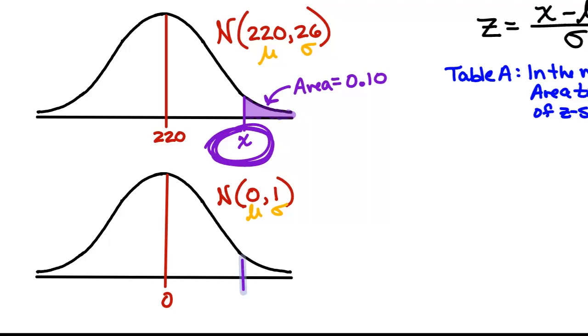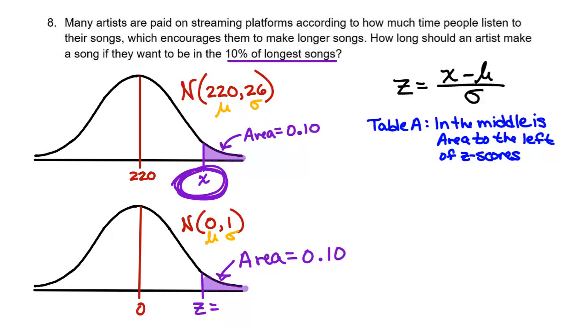We want to know at what z-score would we get to 10% of the area in this upper section. But I can't go look up 0.10 at the table because it's shaded the other way.